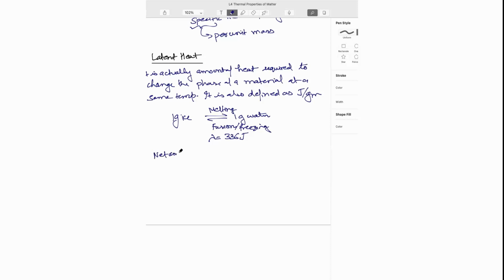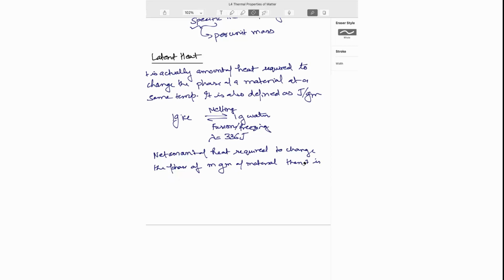The net amount of heat required to change the phase of m gram of material can be shown as Q equals m lambda.